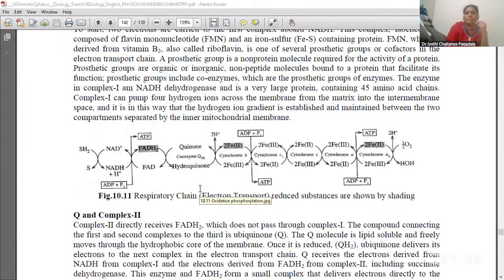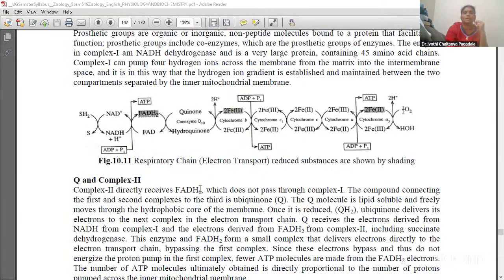This enzyme and FADH2 form a complex that delivers the electrons directly to the electron transport chain, bypassing the first complex, and since these two electrons do not energize the proton pump in the first complex.